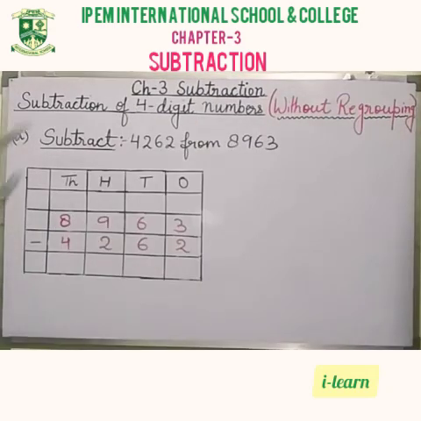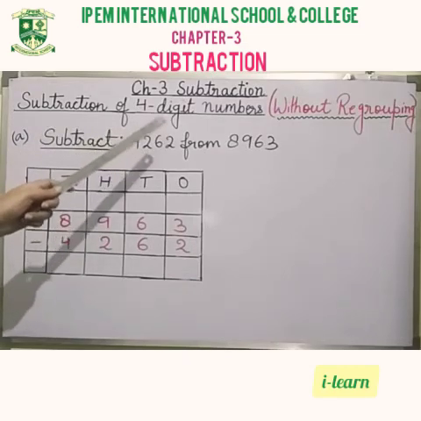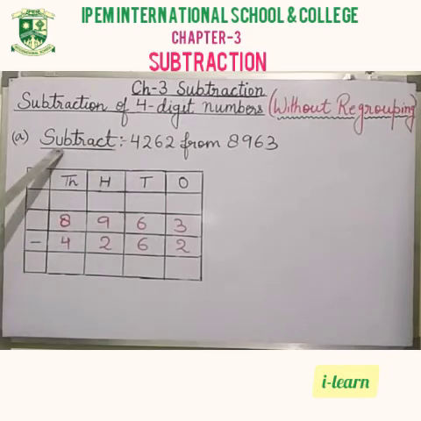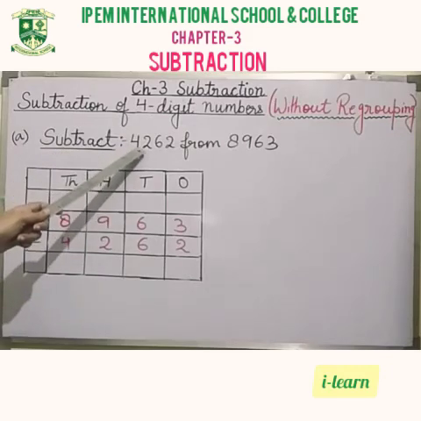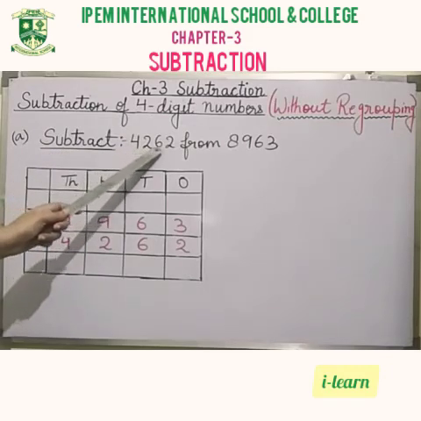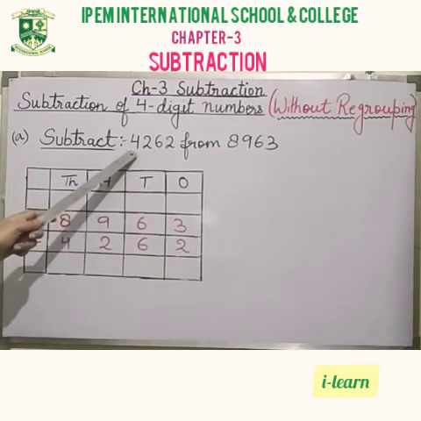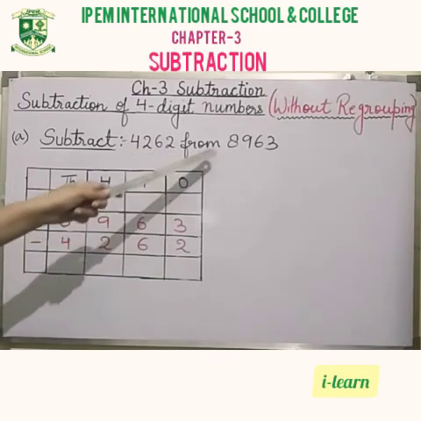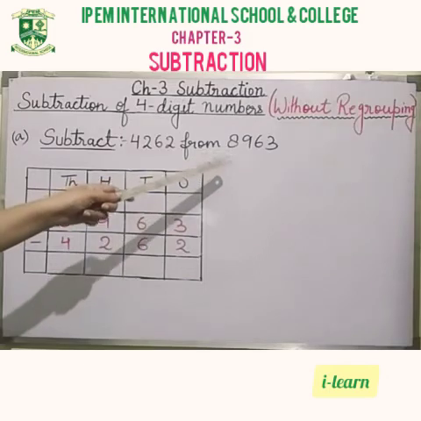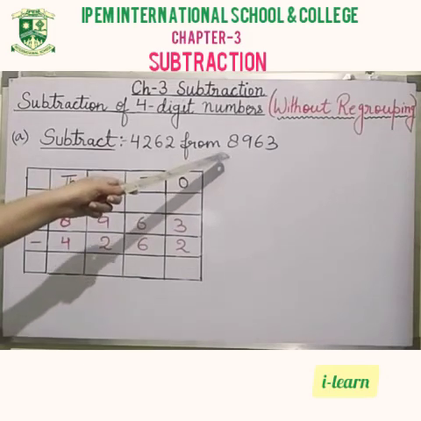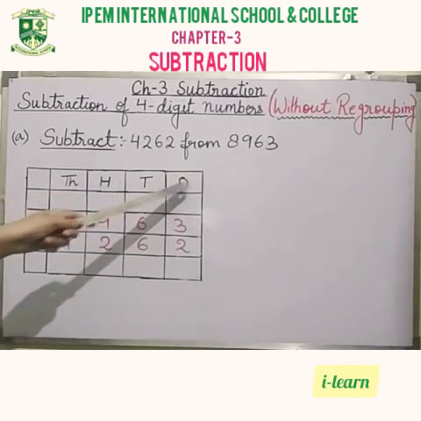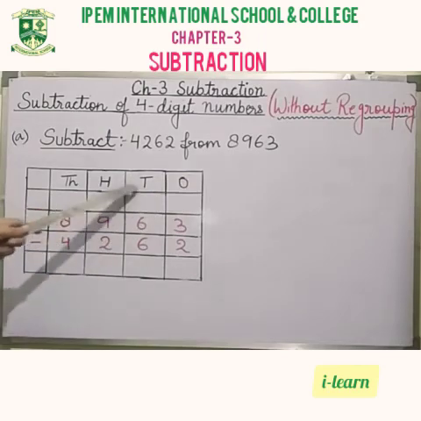Children, after subtraction of 3-digit numbers, now we will move on to subtraction of 4-digit numbers without regrouping. Here we have to subtract 4,262, this is a 4-digit number, from 8,963, and this is also a 4-digit number. So we will make columns of ones, tens, hundreds and thousands.